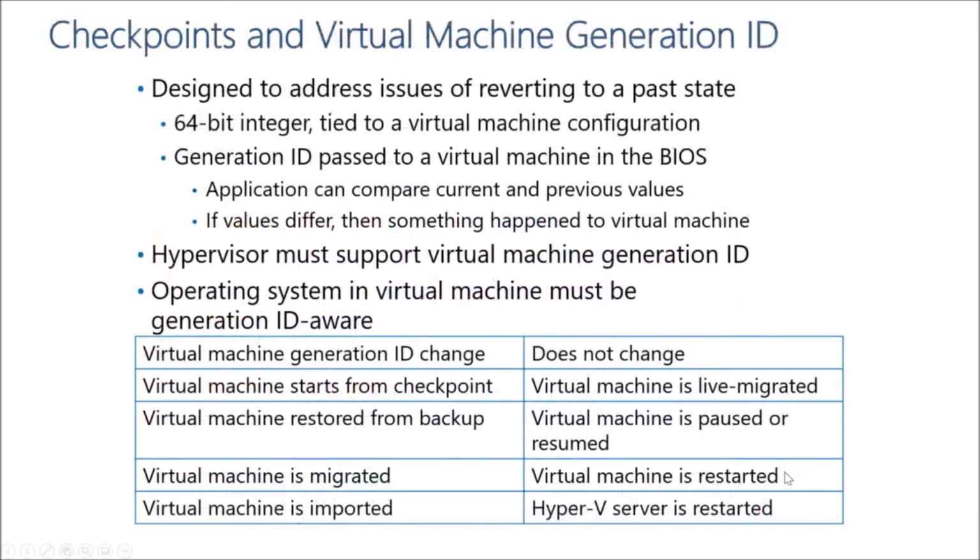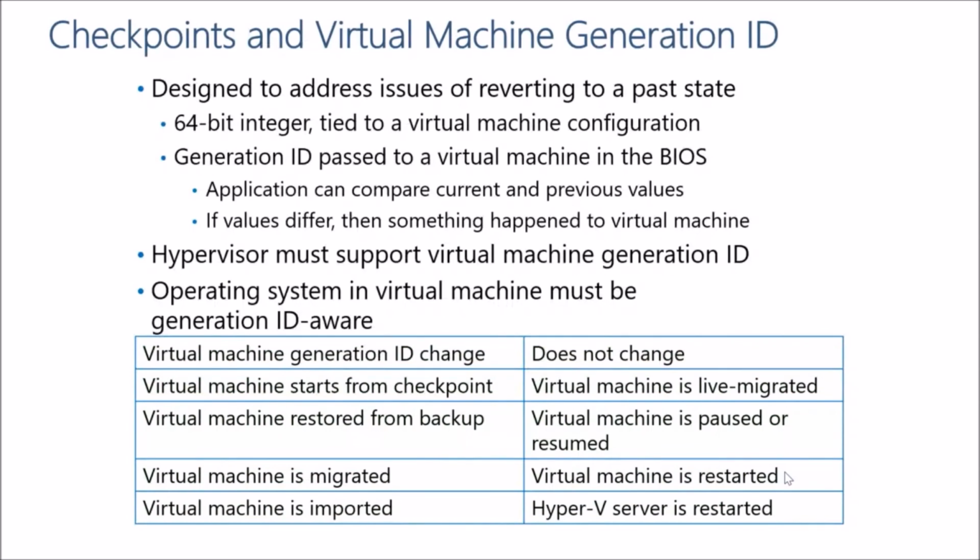So what we can do now is that from Server 2012 R2 onwards, they have what's called Virtual Machine Generation ID, which is basically a counter. It's designed to address the issues of reverting to a past state. It's a 64-bit integer tied to a virtual machine configuration, and the generation ID is passed to a virtual machine in the BIOS.